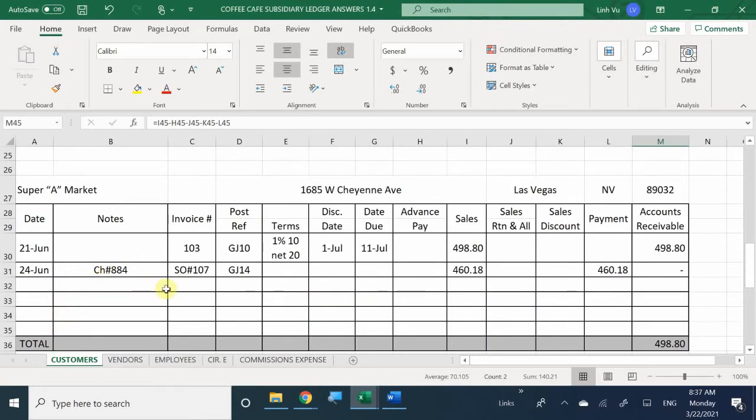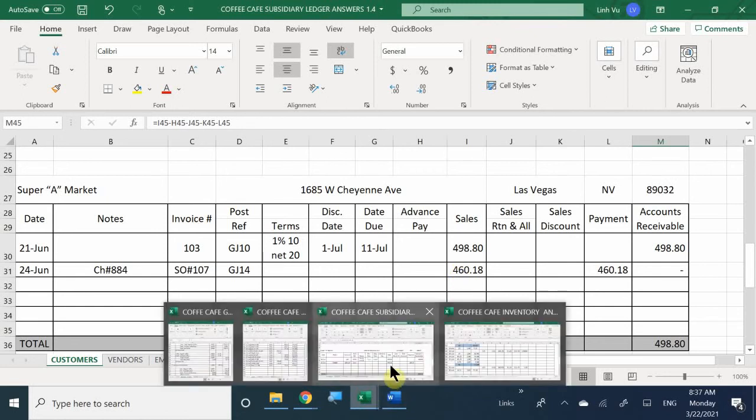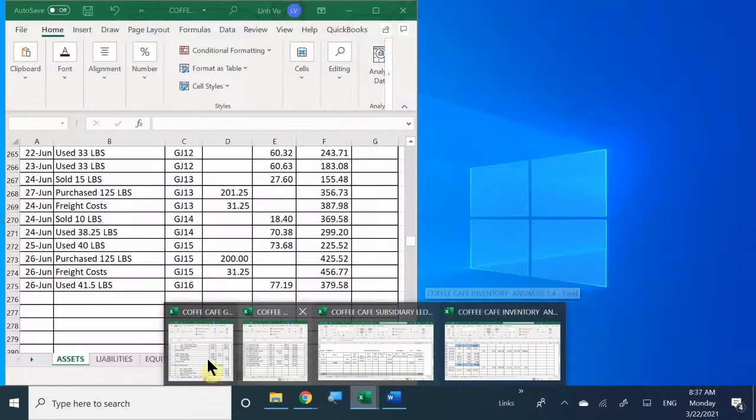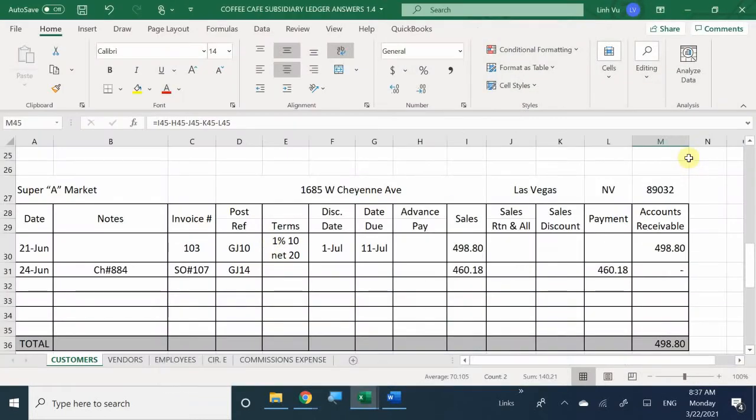So here, invoice number supposedly 107. They already paid us 460.18 in advance. Okay. So if they paid us in advance, do you guys remember when did that happen? Let's see. It says that we did this on the 24th of June.